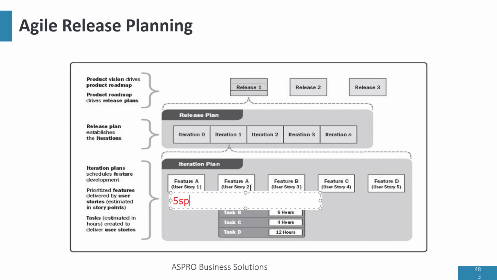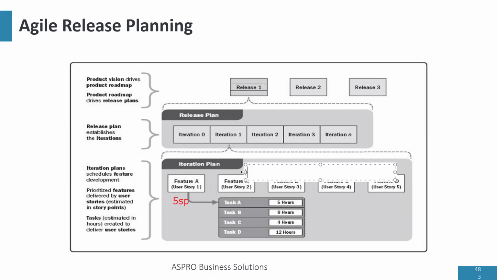Then we realize that feature B is also 5 story points, and feature C is 5 story points. That's not impossible. So that means this sprint is going to be 25 story points.